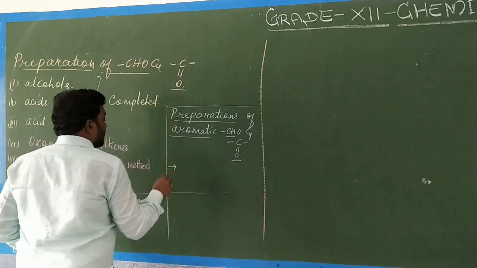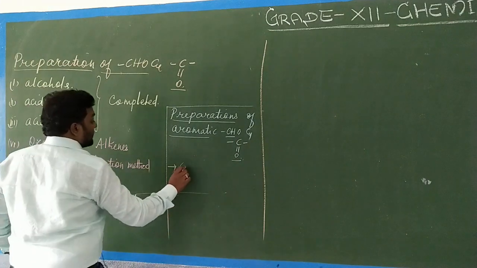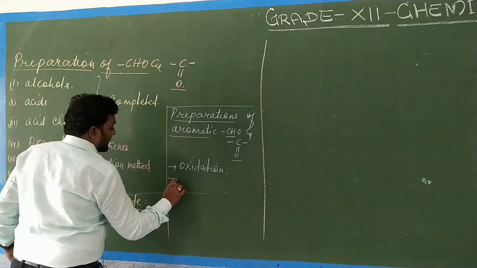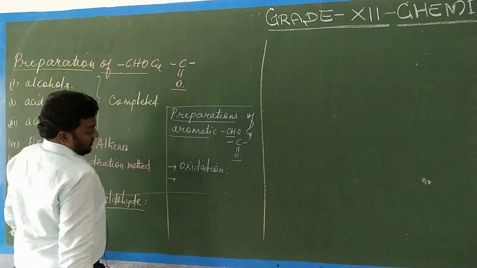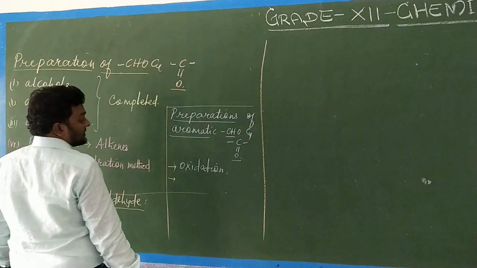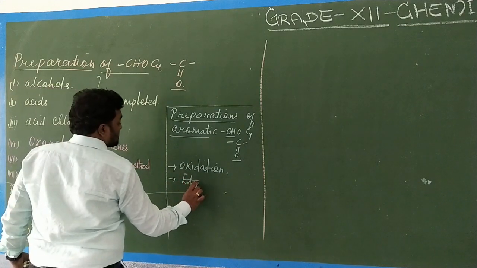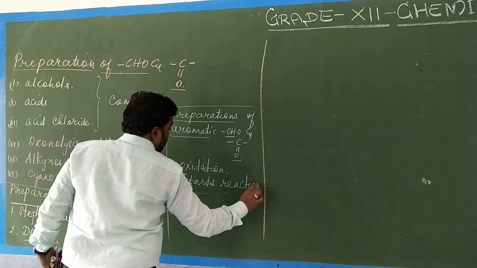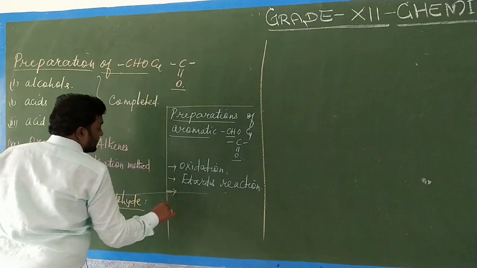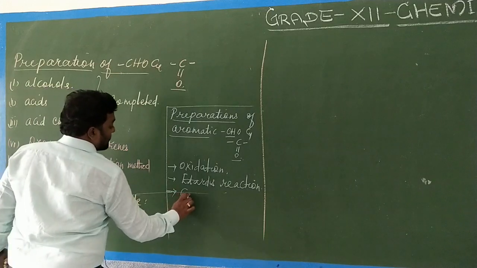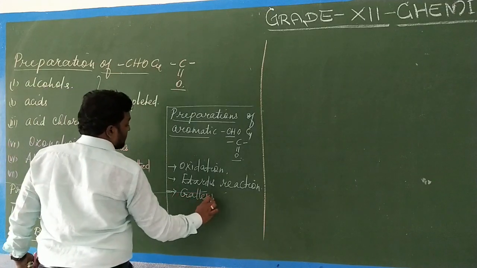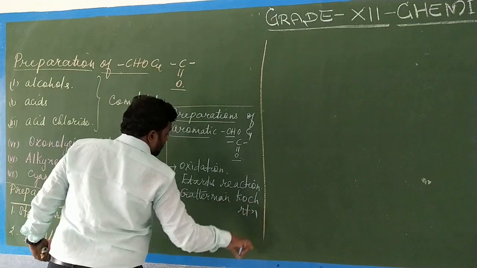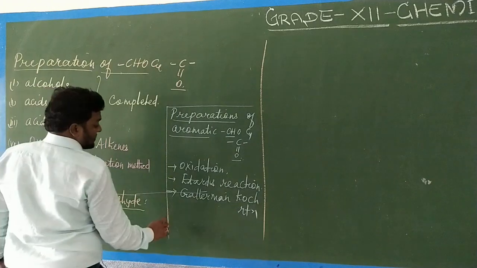For preparing the aromatic aldehydes, the first method is the oxidation method. The second method is Etard's reaction. And the third method is the Gattermann-Koch reaction.